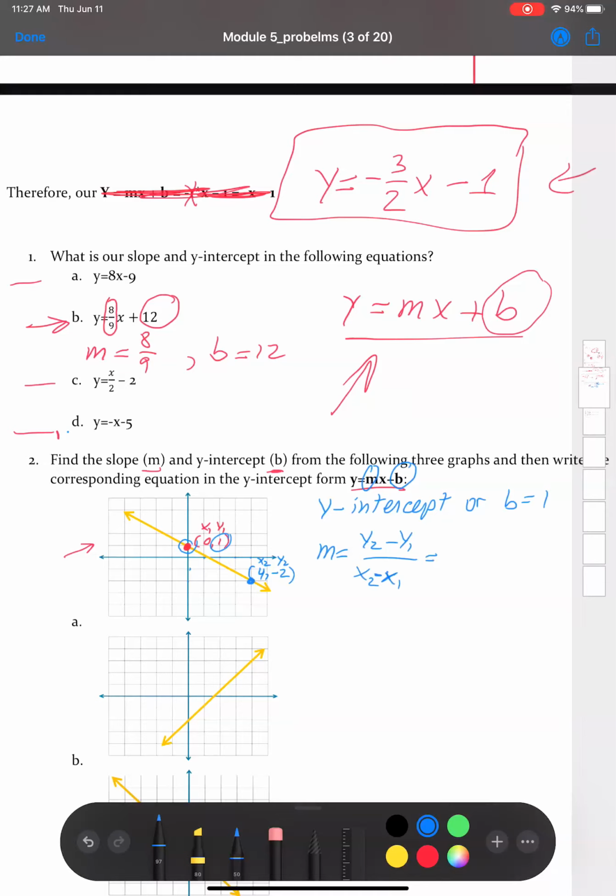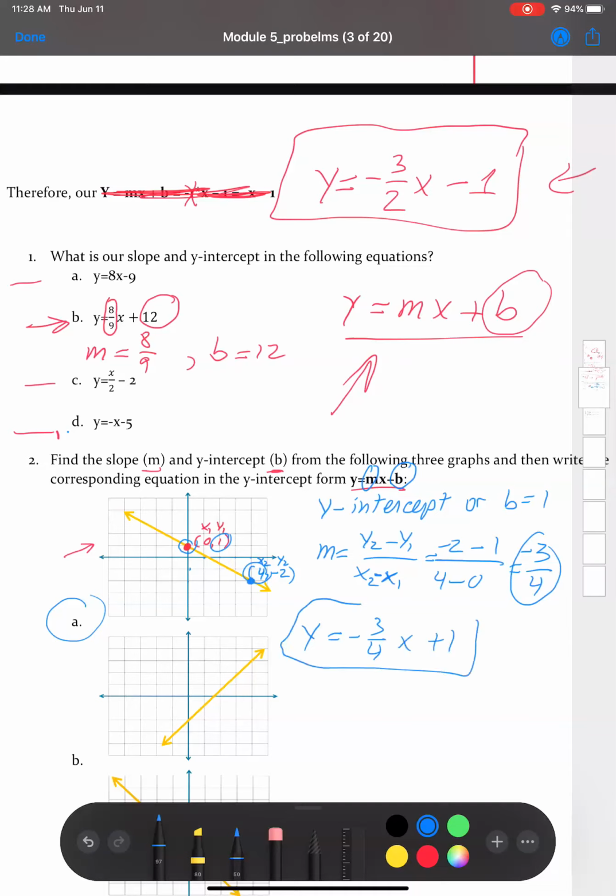So y2 is -2 minus y1 which is 1, divided by x2, which is 4 right here, minus x1, which is 0. So what is that? -3/4. That's our slope. So now we can rewrite the equation. Our equation for this first graph, graph A, is y equals -3/4 x plus 1. There you go.